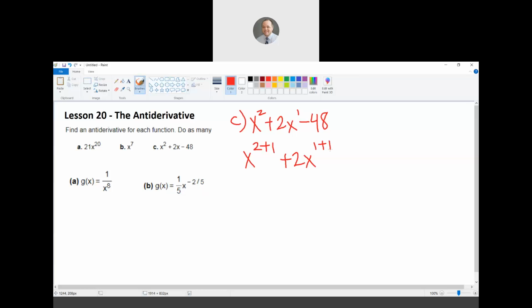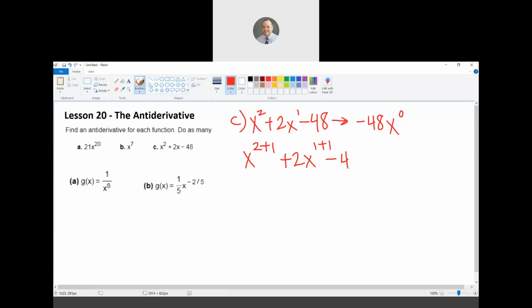Now, to deal with the constant negative 48, we can rewrite that in terms of x as well. Negative 48 can be rewritten as negative 48 x to the 0 power. We didn't change the value because x to the 0 power is 1.